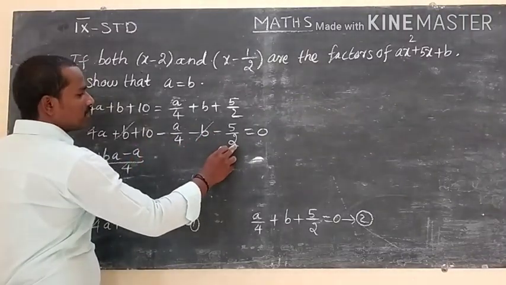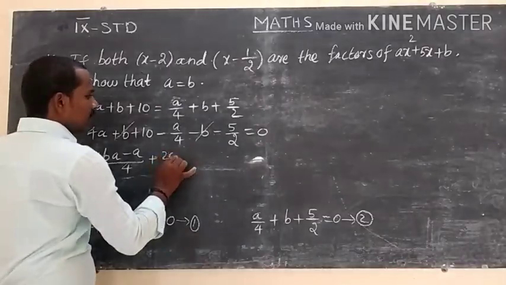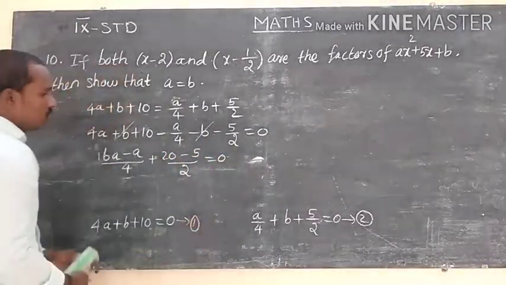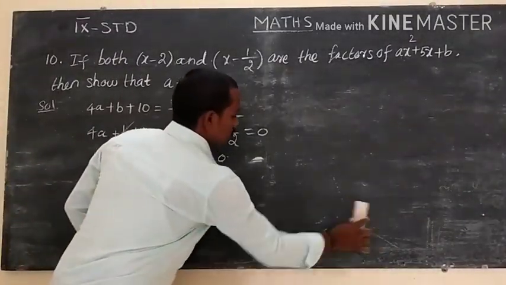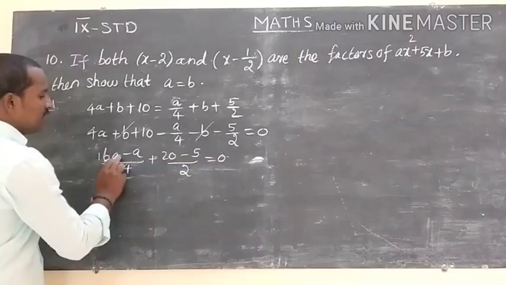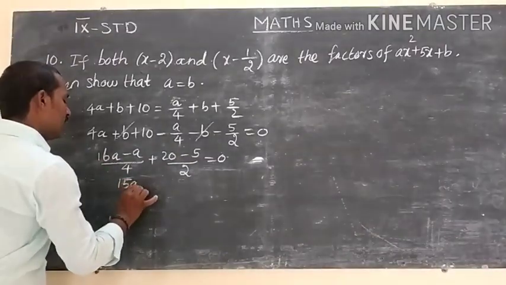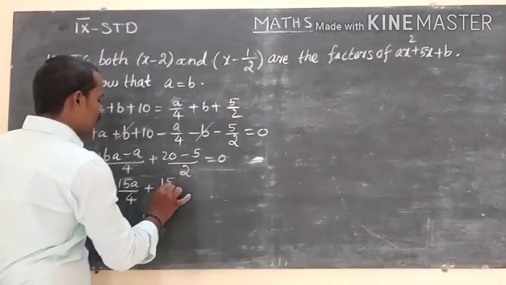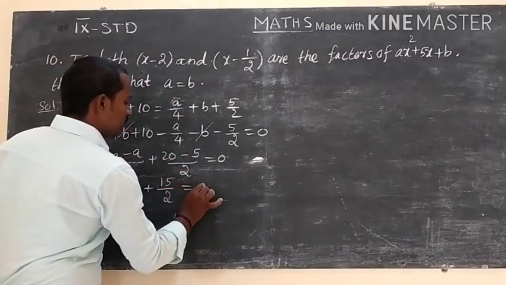Using cross multiplication, 2 tens are 20 minus 5 divided by 2. So 16a minus a is 15a divided by 4, plus 20 minus 5 is 15 by 2, equal to 0.